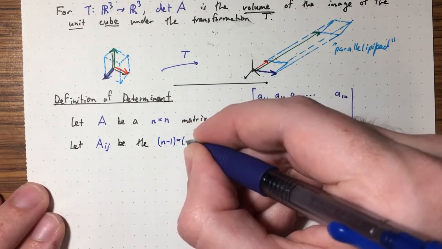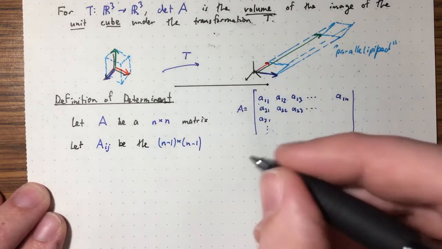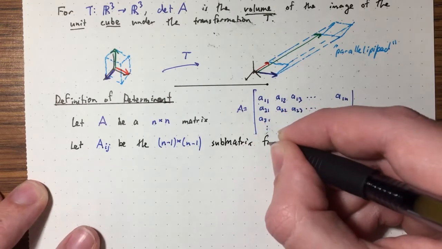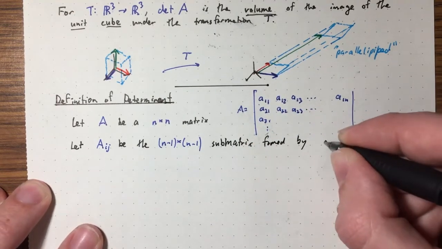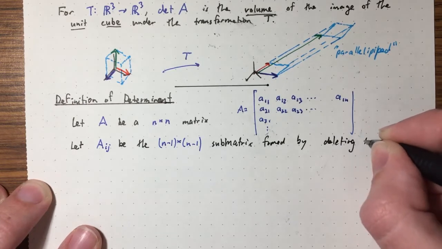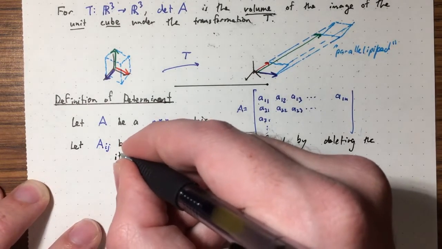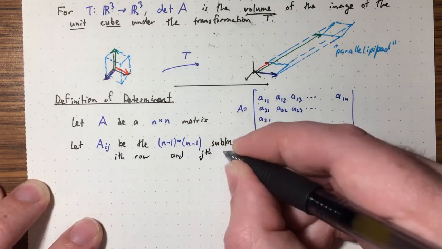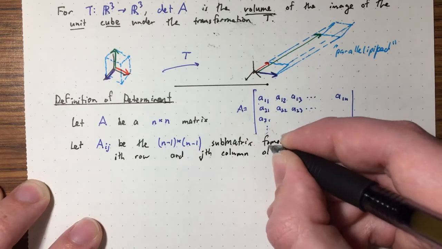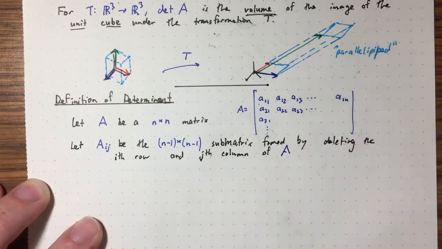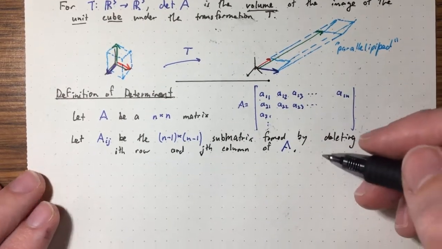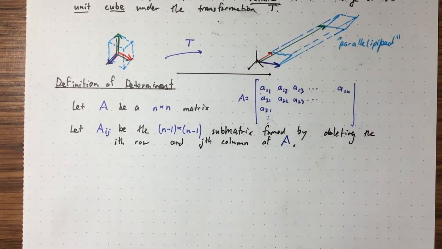So an n minus 1 by n minus 1 submatrix formed by deleting the ith row and jth column of A. So take out the ith row, take out the jth column. You have a matrix that's 1 smaller in each direction.